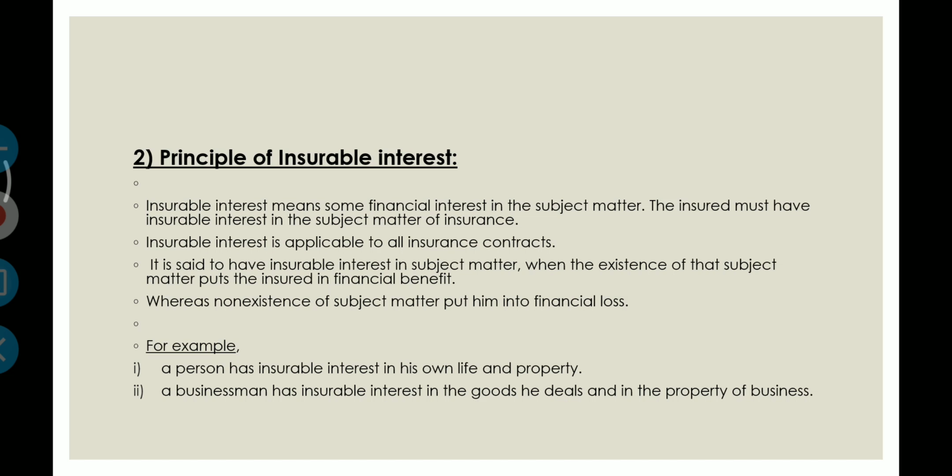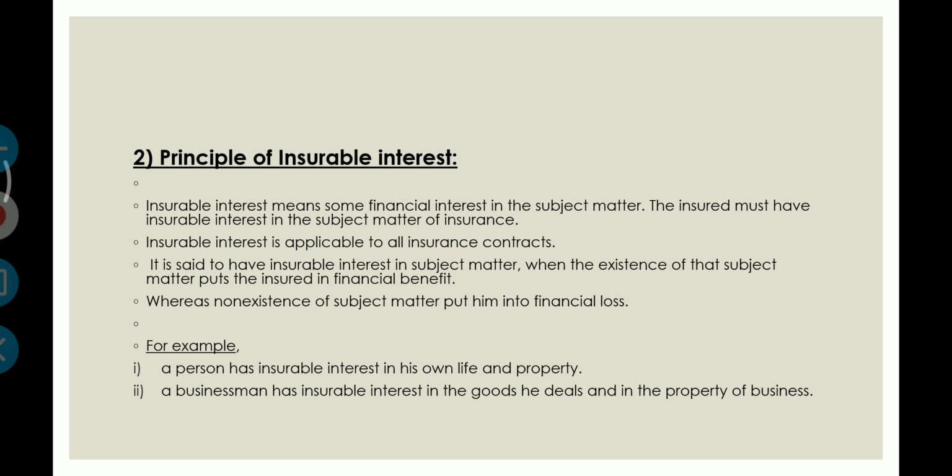So I can take health insurance of these people. I cannot go and pick a random person from the street and go to the insurance company and take his life insurance. Why? Because after taking that life insurance, I may myself go and shoot that person and then claim for money.